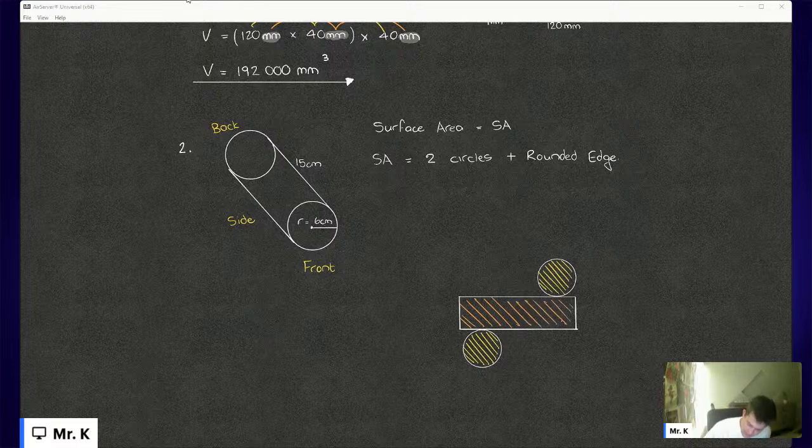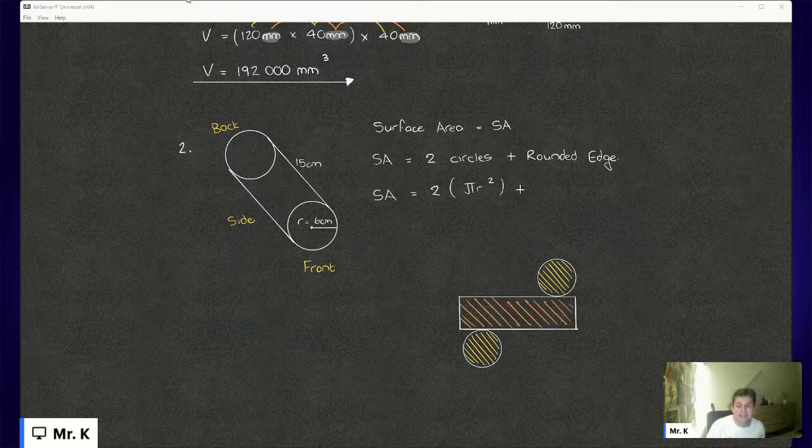So how would we find the area of the circles, guys? Well, we need two circles. So 2 times pi r squared, right? This is how we find the area of a full circle, pi r squared. We'll substitute now. But then if I wanted the rounded edge, or this long rectangle that connects my two circles together, I'm going to need a height, or a length.